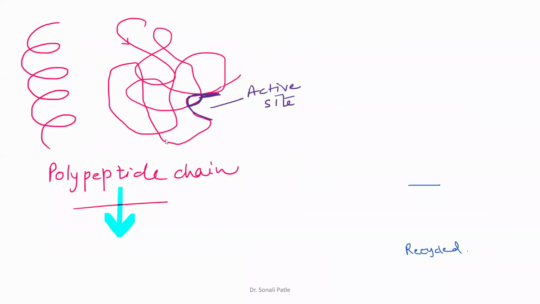Now we will try to understand how the structure of the enzyme is. As we know, enzymes are proteins, and proteins are nothing but polypeptide chains, which are polymers of amino acids. They are formed by the amino acids and they fold.